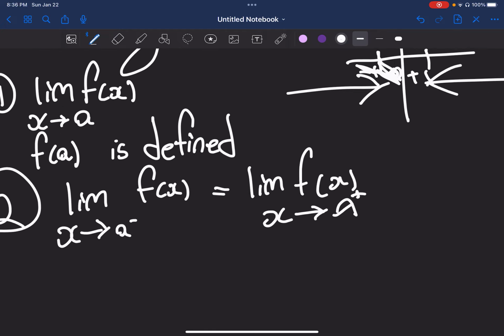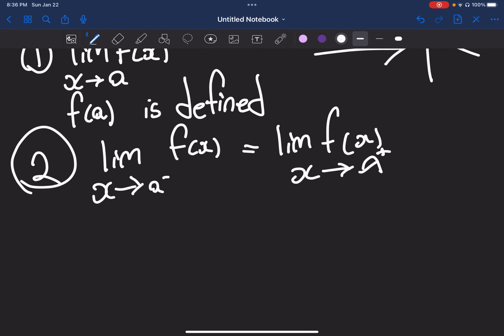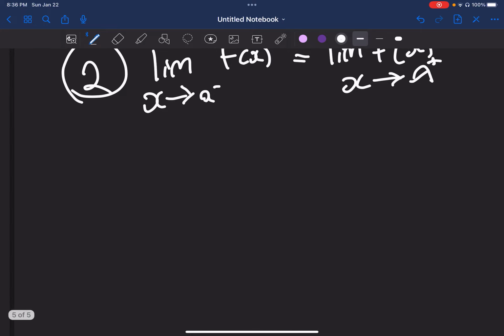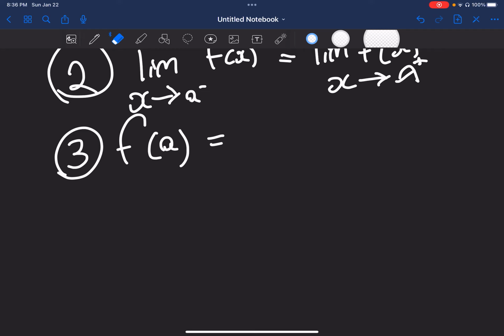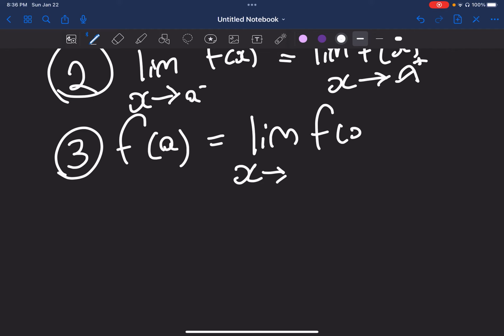So what we're seeing in the second rule for continuity is that the left-hand limit and the right-hand limit must be equal. And lastly, what we need to remember is that f of a, which we tested should be defined from the start, should be equal to the limit as x approaches a of f of x.